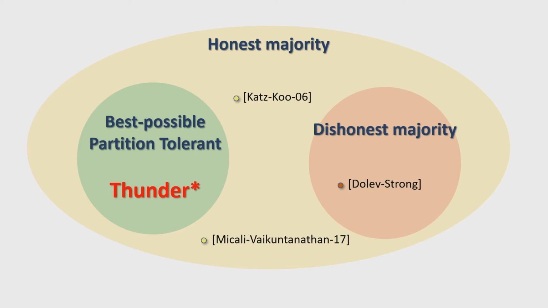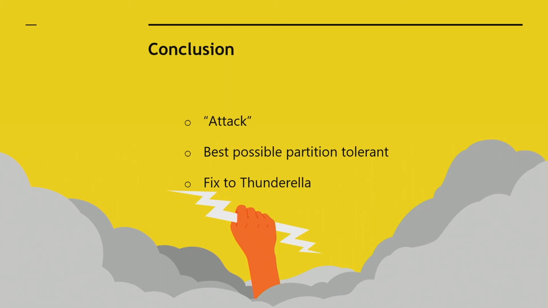This is the intuition in the classical synchronous network. However, it turns out that any protocol that tolerates dishonest majority cannot be best possible partition tolerant. So these two sets are disjoint, which means sometimes the more corruption you tolerate does not mean that you are better in this robustness area. Okay, here are the 2 points.